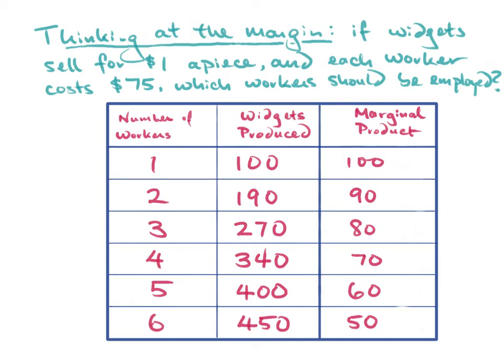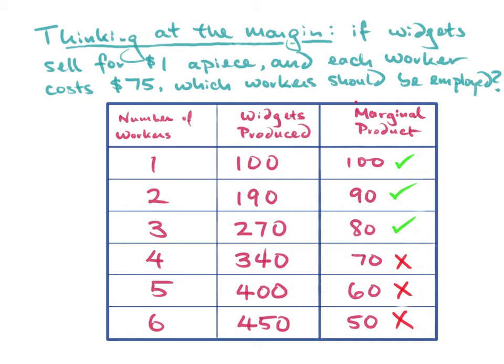And one way that the firm could approach this problem is to think about the marginal revenue brought by each worker compared to the marginal cost, the additional cost of each worker. The firm would employ a worker if the worker brings in more revenue than the cost of employing that worker.